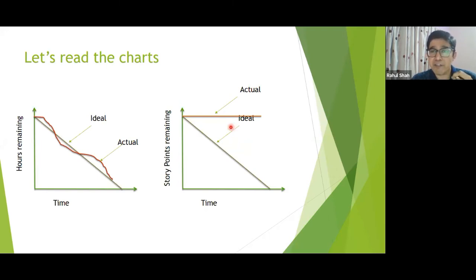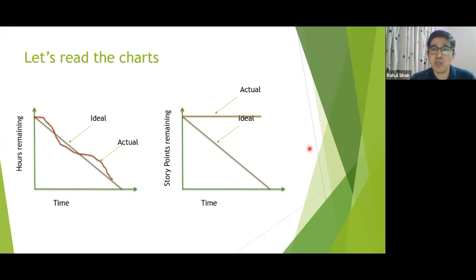Another reason could be there are defects for each of the stories. And rather than fixing the defects, the team is working on completing other stories. Or if there are multiple defects for each of the stories, they are fixing one defect of each and then moving on. They are not focusing on finishing.